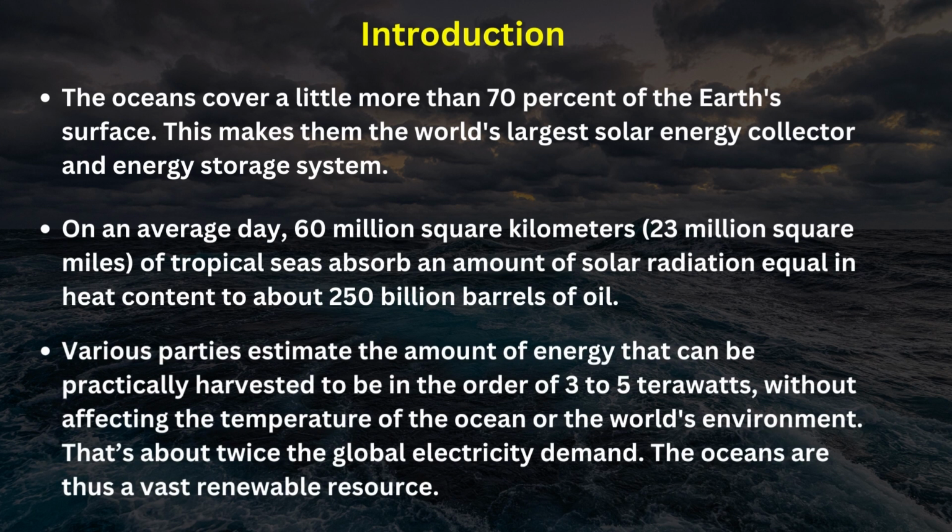Various parties estimate the amount of energy that can be practically harvested to be in the order of 3 to 5 terawatts without affecting the temperature of the ocean or the world's environment. That's about twice the global electricity demand nowadays. The oceans are thus a vast renewable energy resource.